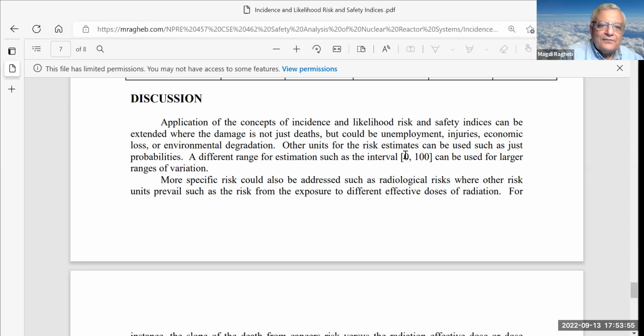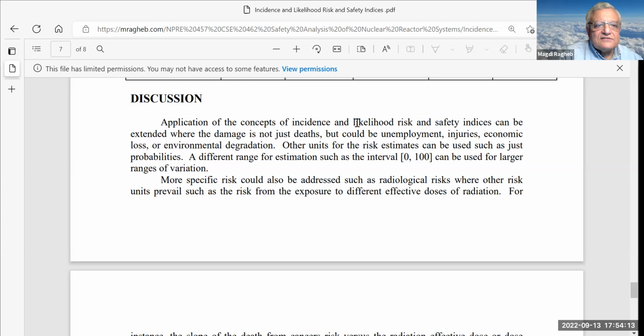Somebody may think about a different range of estimation; you can rederive the equations for a scale from 0 to 100, but we chose 0 to 10 here as a good choice for these ideas.